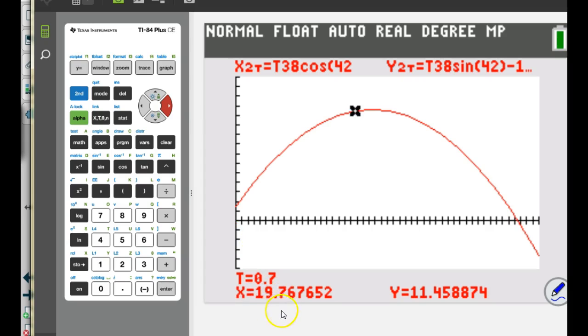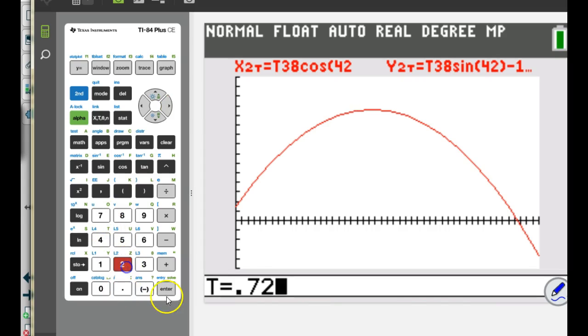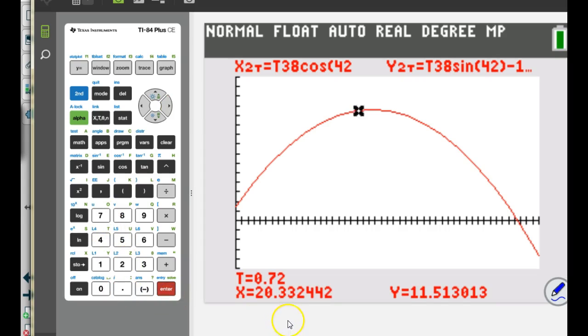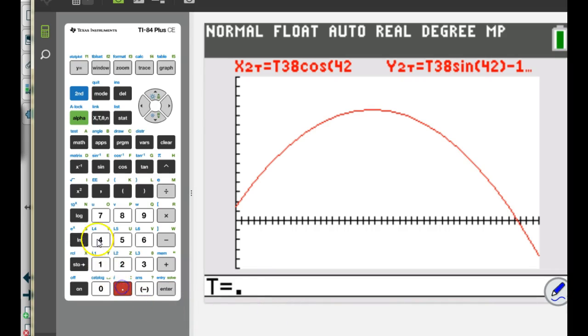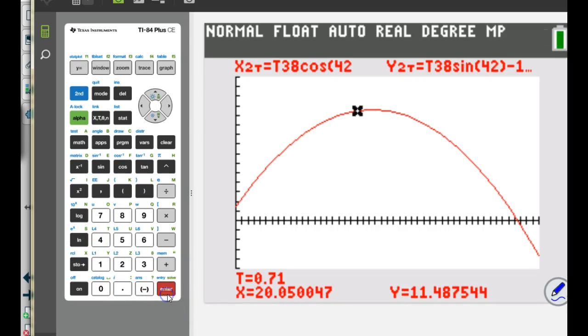That's looking pretty good right there. Okay. If you wanted to try 0.72 or something, you could, but it doesn't matter. All right, so 20 feet away, how high is the ball? 11. Yeah, between 11 and 12 feet.